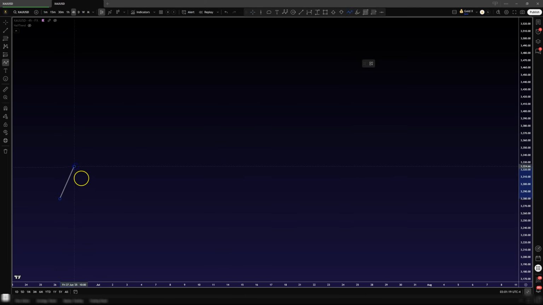The first pattern we will see is this. Very nice 1, 2, 3 higher highs, or 1, 2, 3 lower lows, right? What you also will see is this. This is where most people get confused.